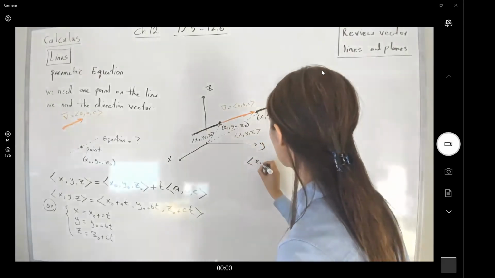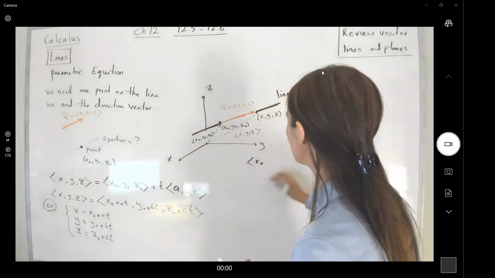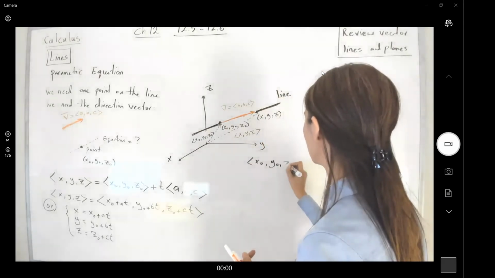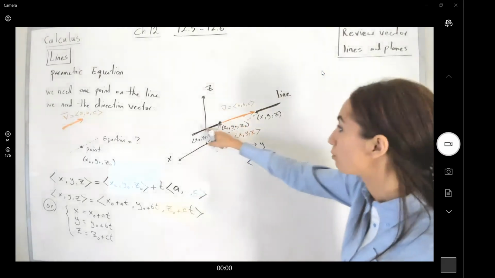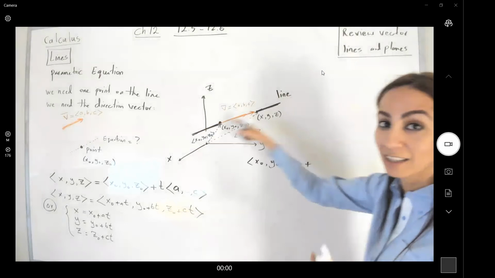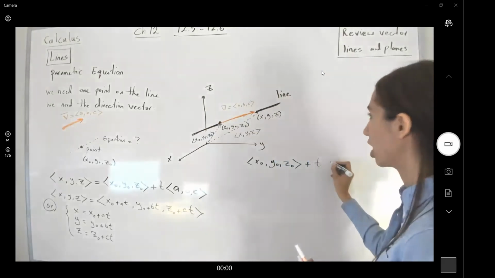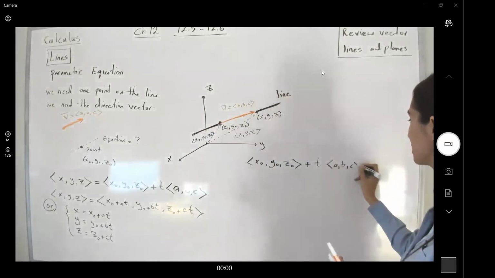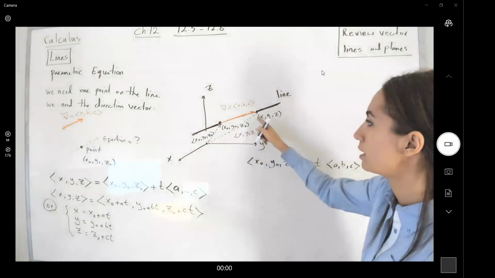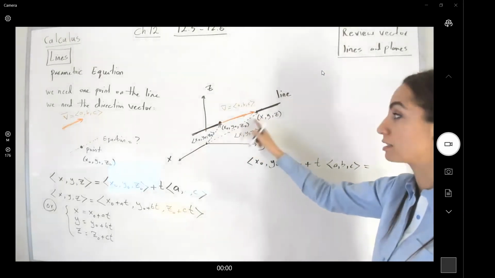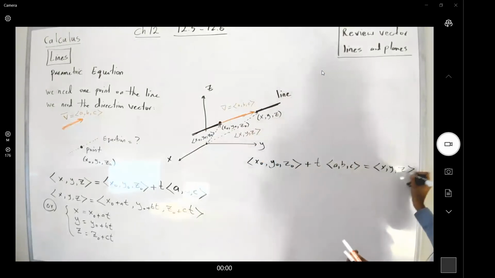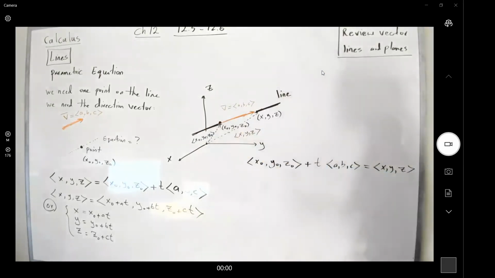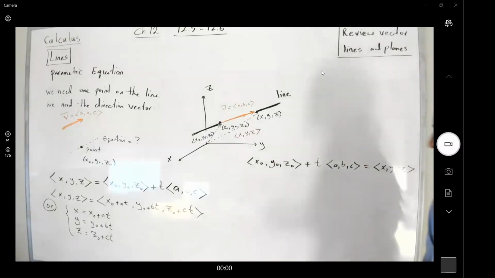So x sub 0, y sub 0, z sub 0 plus the parameter times v, which represents this line, t times a, b, c, is equal to this vector here, x, y, and z. So this is the geometry behind the formula for the parametric equation of your line.